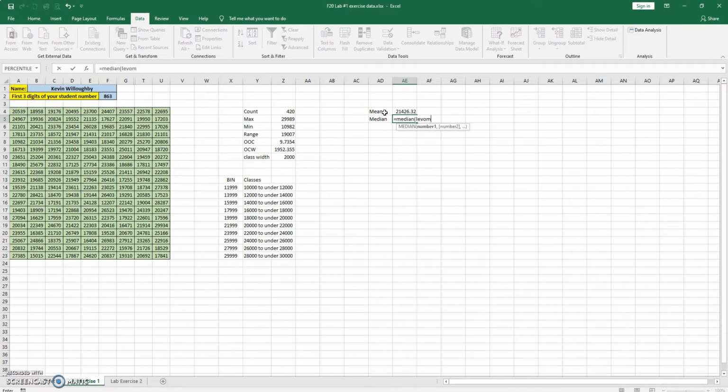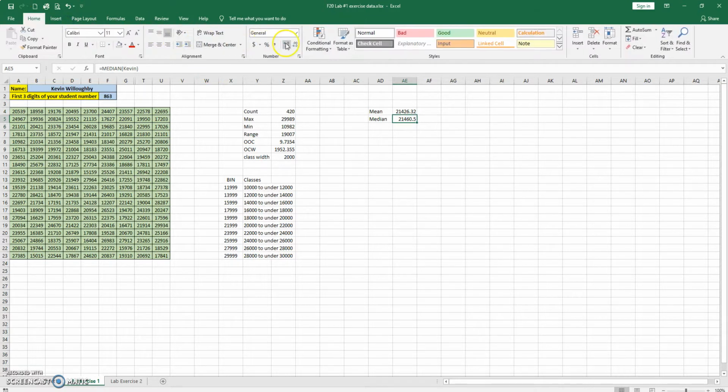Median, same thing. Your mean and median will not be the same as mine, and they will not be the same as each other. We want both of these to 2 decimal places.